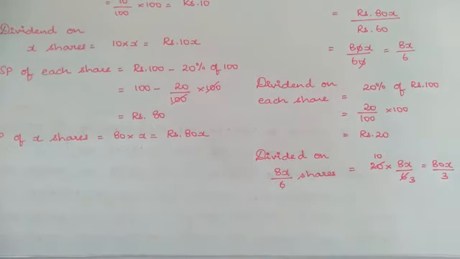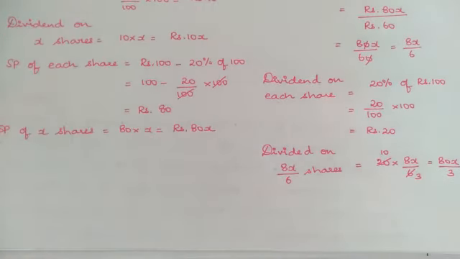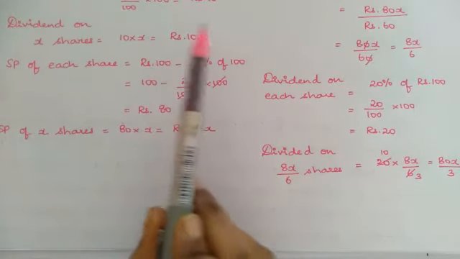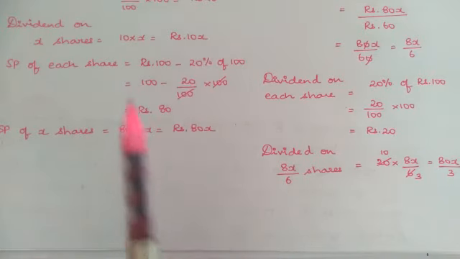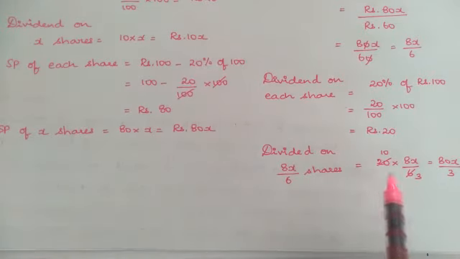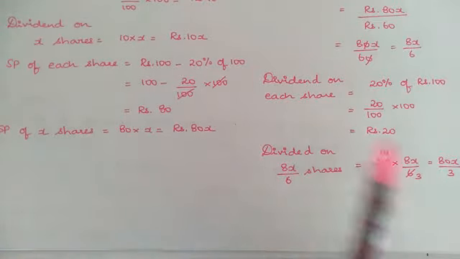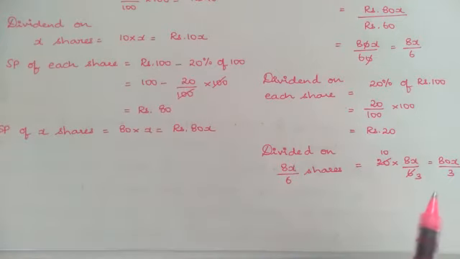Now look at this part. We have come to the conclusion of this sum. From company A he was getting a dividend of 10x rupees. From company B he is getting a dividend of 80x by 3. See, there is a difference in the reward which he has got from company A and company B. And because of this, the question states that his income is increased by 18,000.